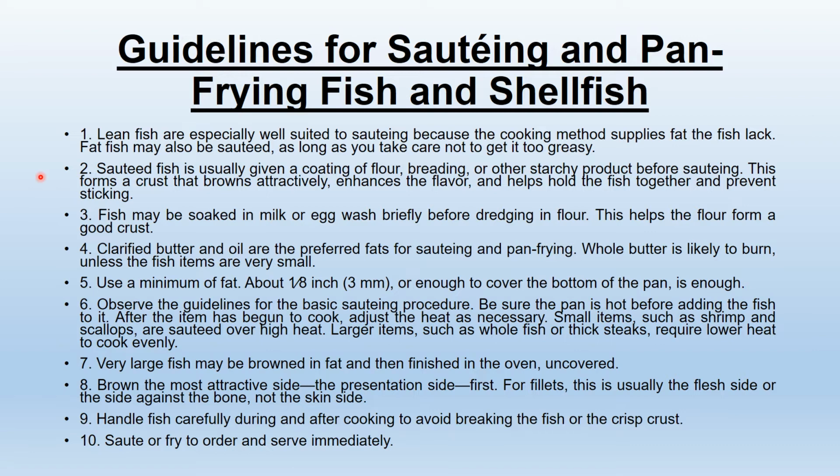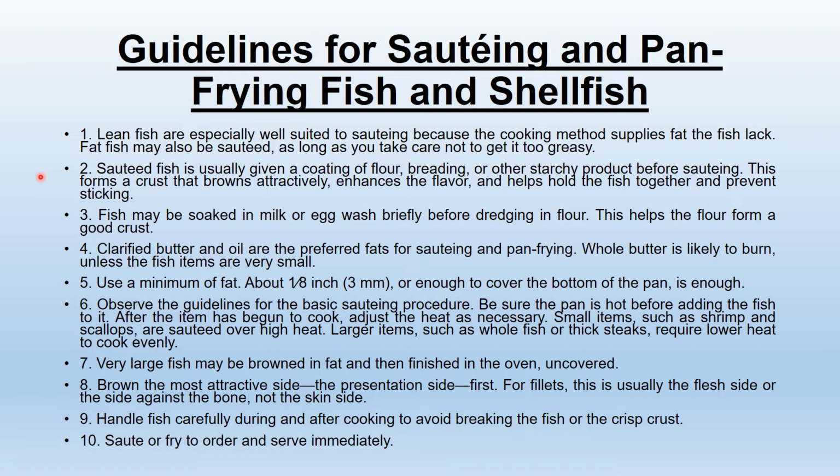Saute fish is usually given a coat of flour, breading, or other starchy product before sauteing. This forms a crust that browns attractively, enhances the flavor, and helps hold the fish together and prevent sticking. So whenever you're doing saute fish, you put it in the flour.